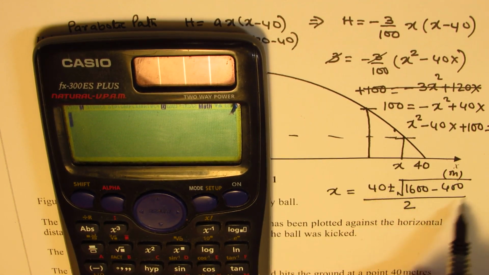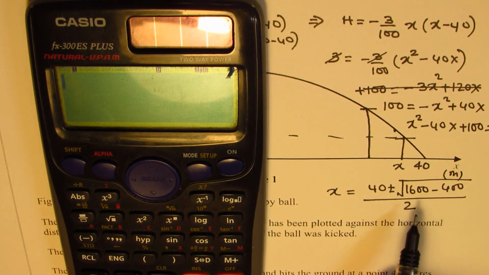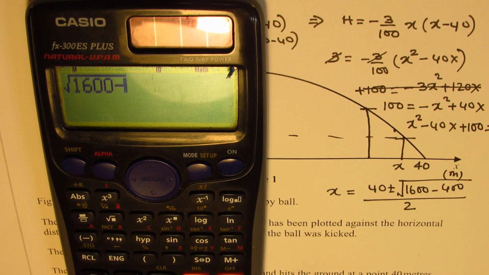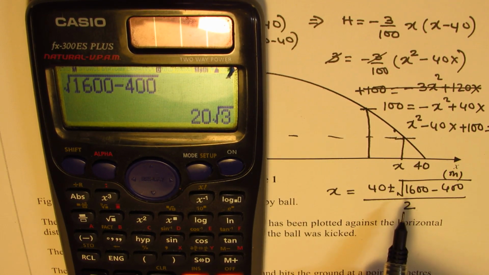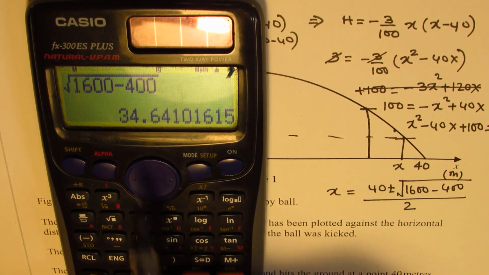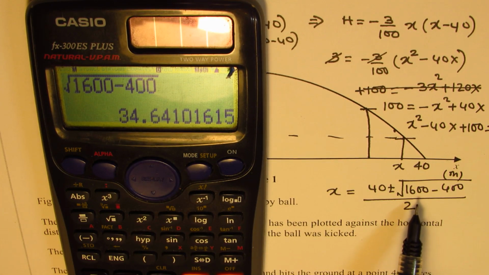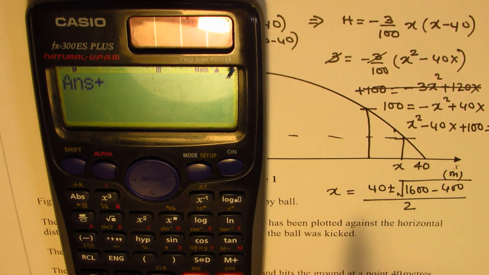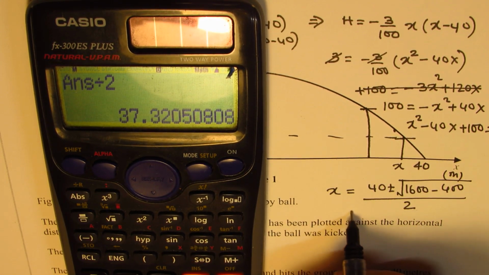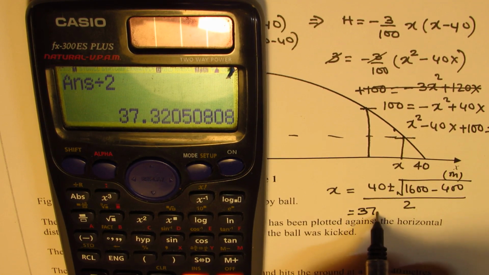So let's calculate the square root part, which is the square root of 1600 minus 400, which is 20 square root 3. In decimals, it is 34.64. So we can add this to 40 because we want the greatest, and then divide by 2. It gives us in decimals a value equal to 37.32.